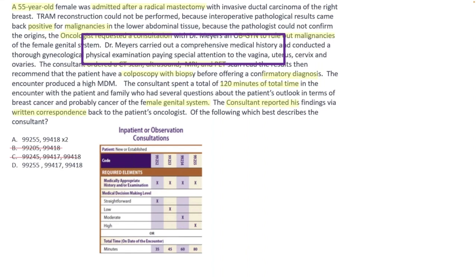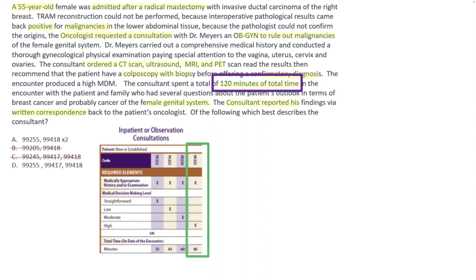Dr. Myers carried out a comprehensive medical history and exam, and yes, we're going to look for the total time. And C is eliminated as well because we're not coding for outpatient prolonged services, 99417.